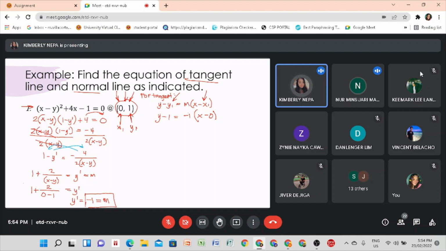So we have negative x. Negative 1 times 0 is still 0. Right? Yes po. So, we just arrange it, equate to 0 on one side. So, this would be x plus y minus 1 is equal to 0, correct? Correct. So, this is already our equation for the tangent line.